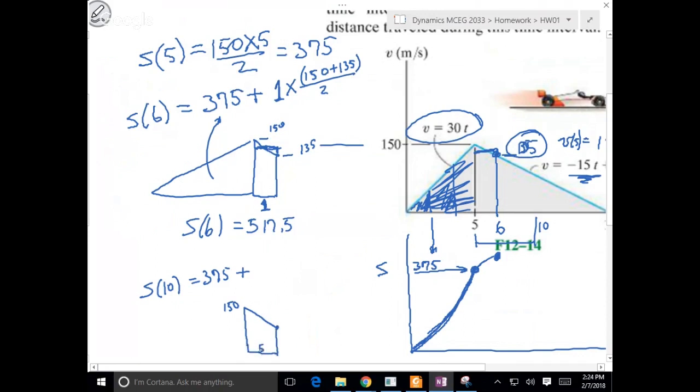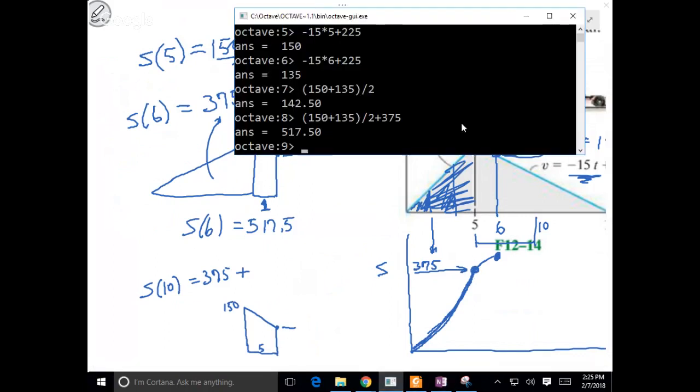It's 5 more seconds over. The next key is what's that height? And that's where you'd have to use a calculator real quick. Instead of putting in 6, you'd have to put in 10. Just 75.